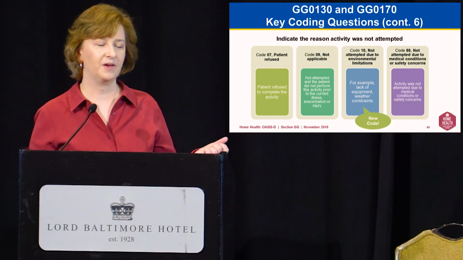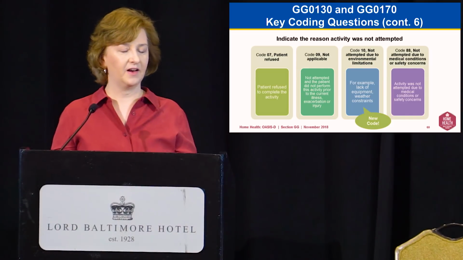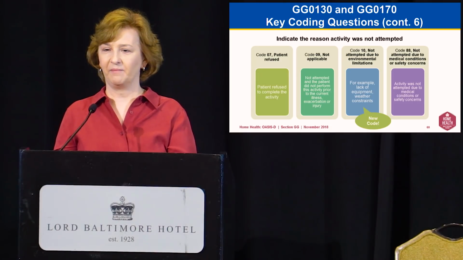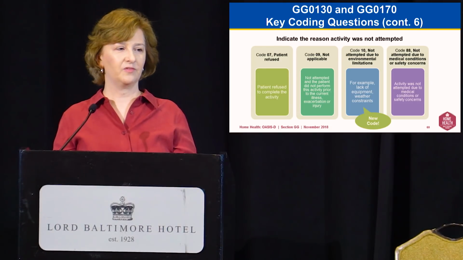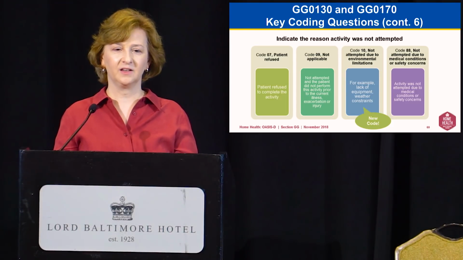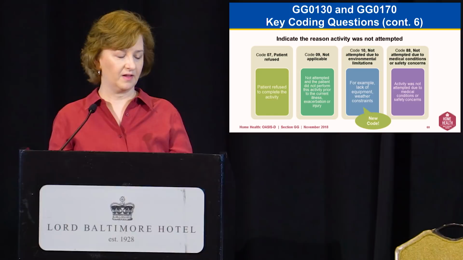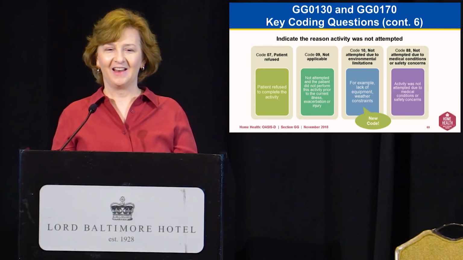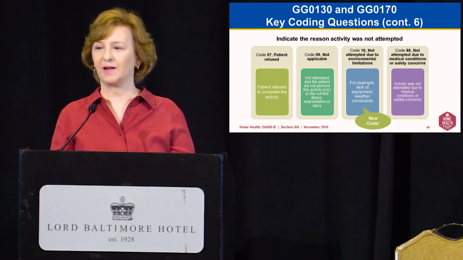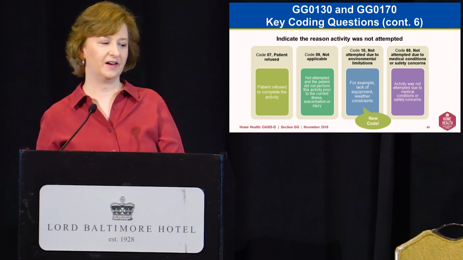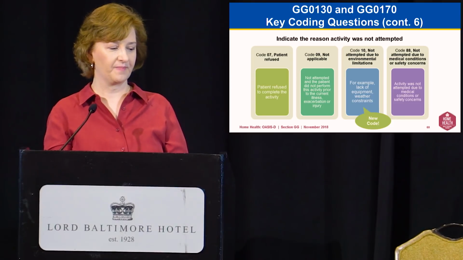And I think the most common example that we've had on help desk relates to the situation where somebody is not walking, and so perhaps somebody has used a wheelchair for many years due to a chronic illness, or perhaps a medical condition, and so the person was not walking prior to the current illness, exacerbation, or injury, so you could code 09 for that individual.